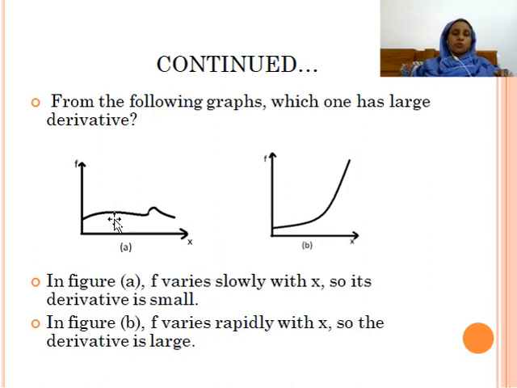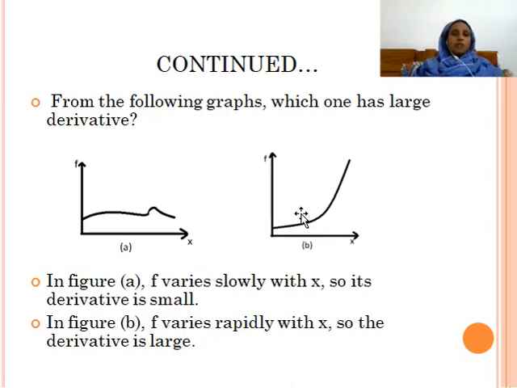So its slope is always a small value, or its derivative is small. But if you look at this graph, you can see here the function f varies very rapidly with x. So what happens if you find out the slope of the function, or the derivative of the function? It is a large value because here the function varies rapidly with x.